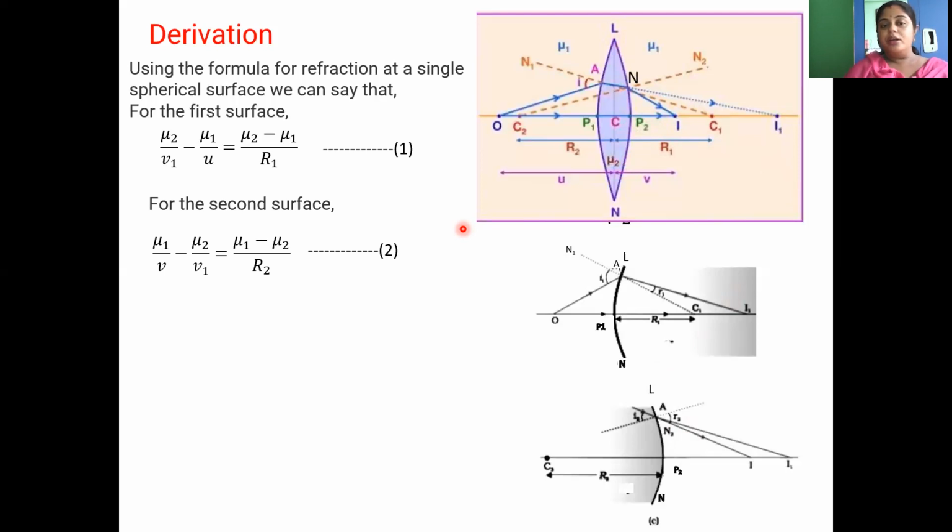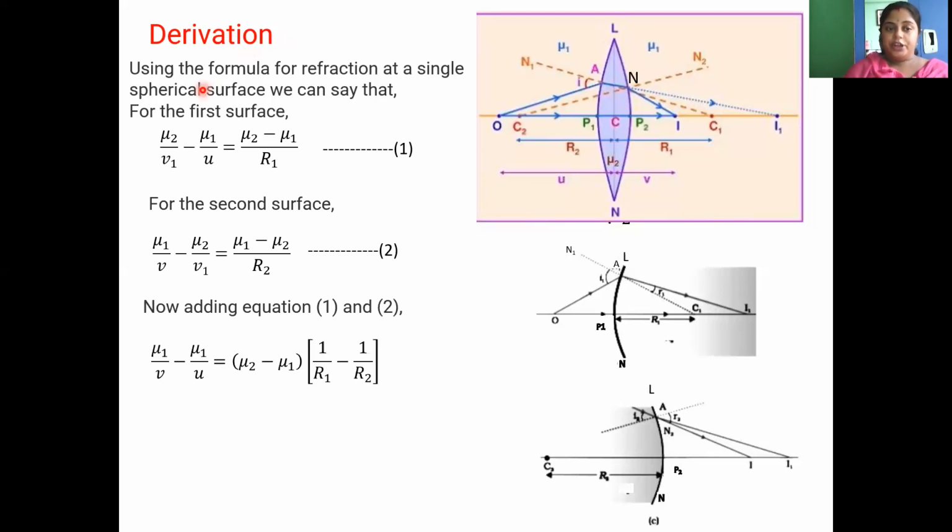Now see, we can easily add these two equations. After adding, you can see mu2 by v1 is there, having a plus sign, and mu2 by v1 is there, having a minus sign. So these two terms will be cancelled out. So we have mu1 by v minus mu1 by u equal to, and here we can take common mu2 minus mu1.